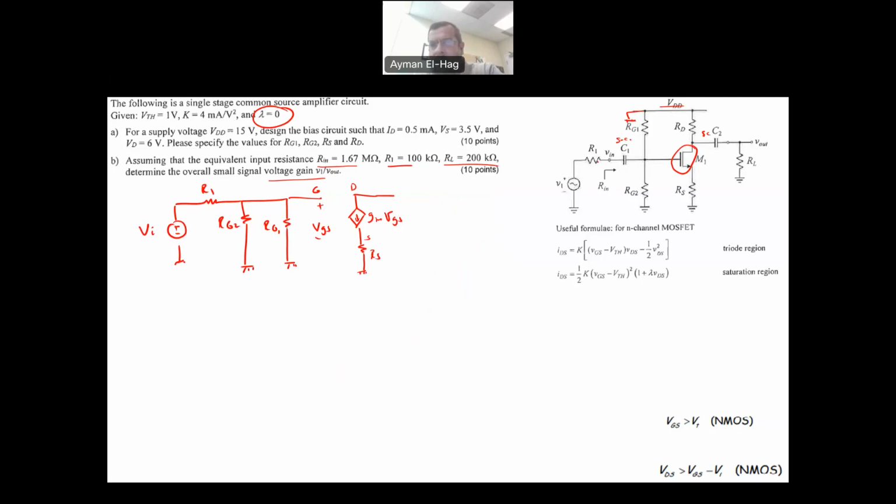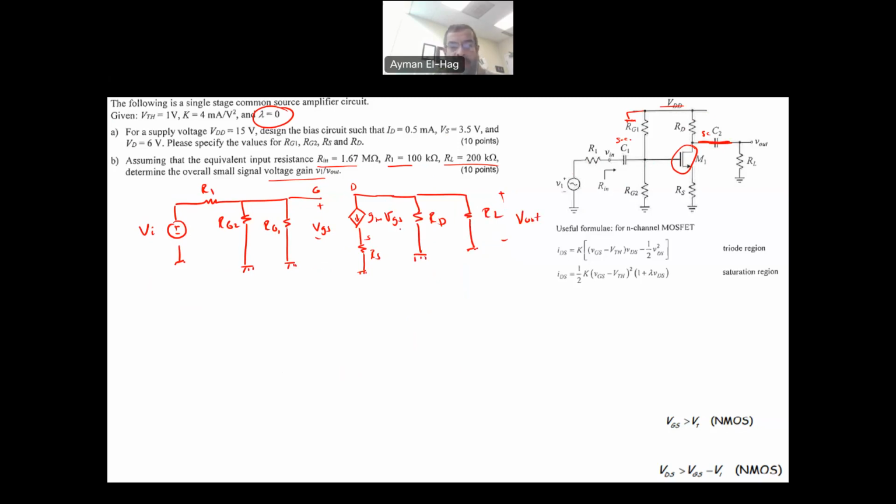And then in the output from the drain, we will have RL, this will be short circuit, and RD short circuit as well. So we will have here RD grounded in parallel with basically your RL. And your output is across RL, so this is your Vout. So that is the small signal model of my transistor.